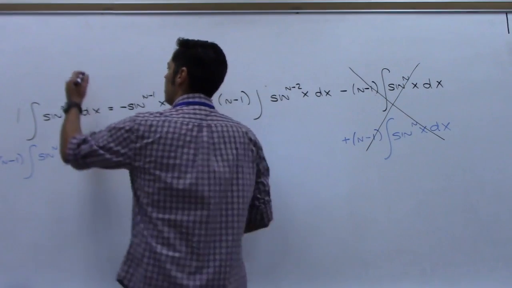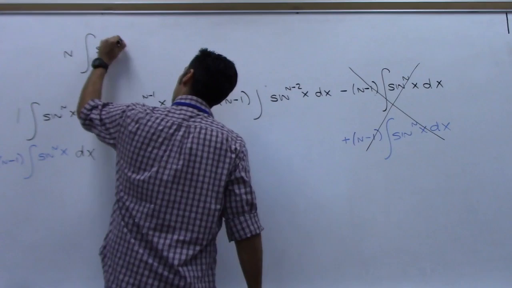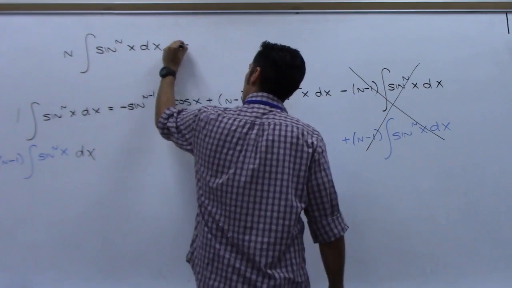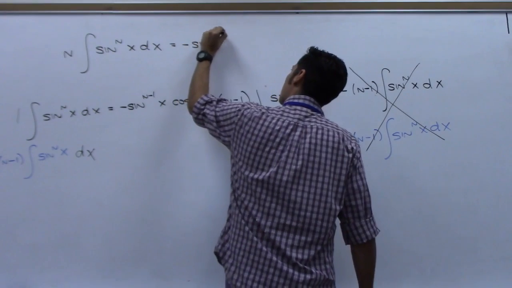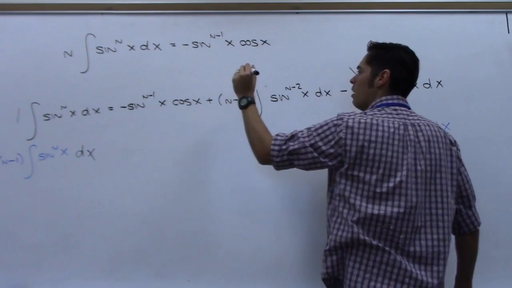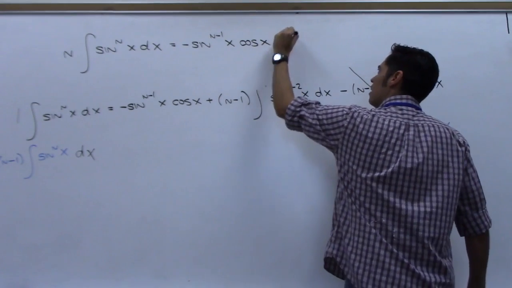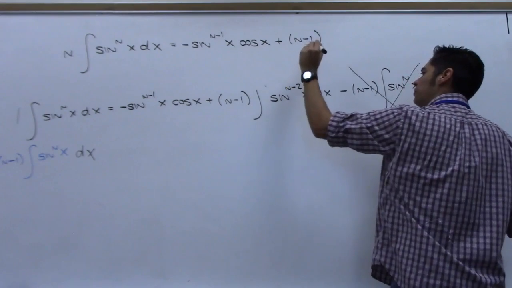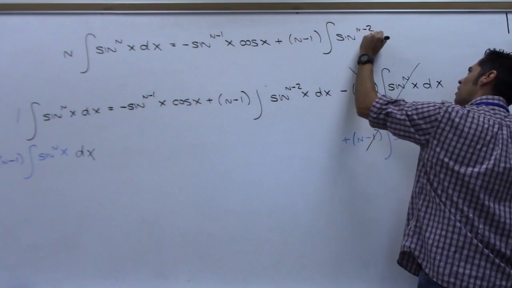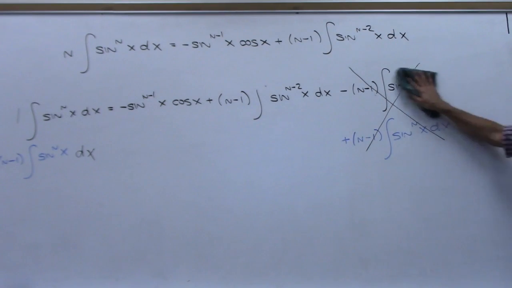So we have n of the integrals that we are interested in equal to negative sine to the n minus 1 x. Did you have the little light bulb go off there? Yes? You see it? Plus n minus 1 integrals of sine to the n minus 2 x dx. That's where we are now, because this was gone.